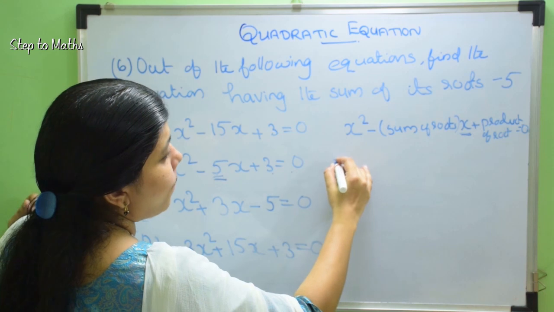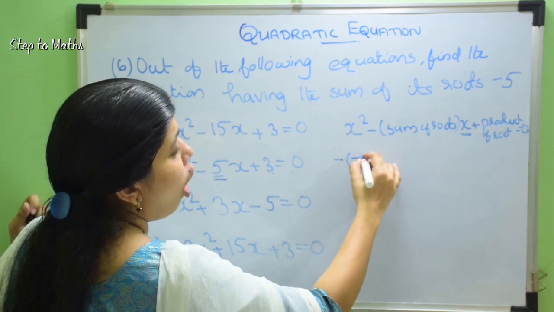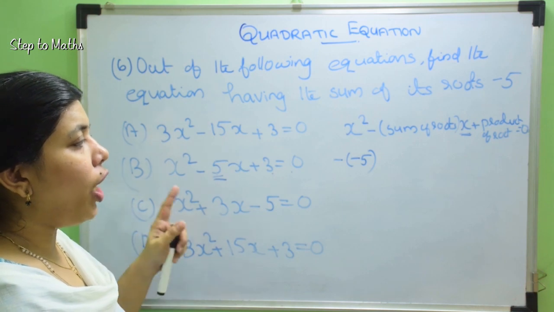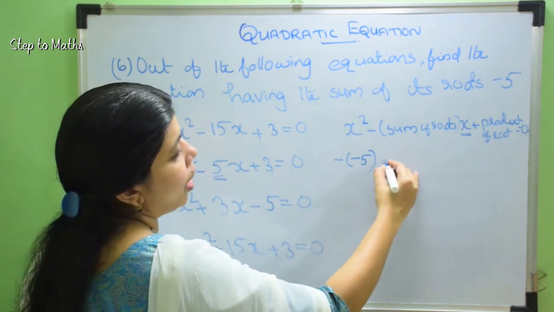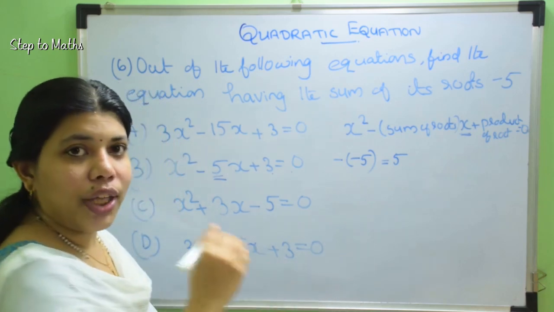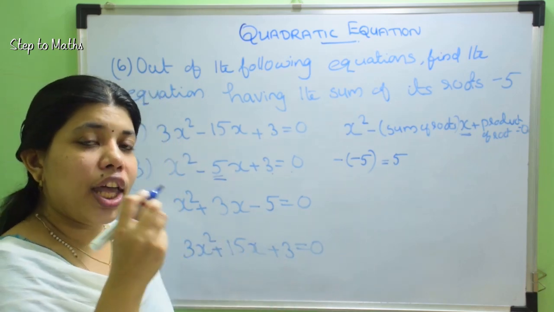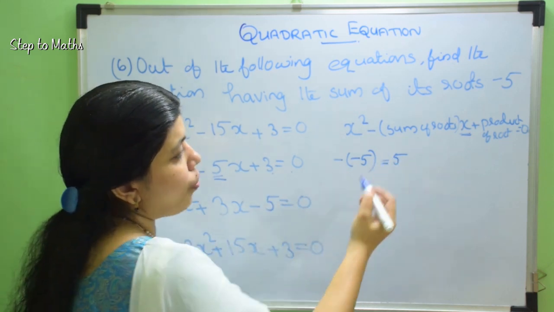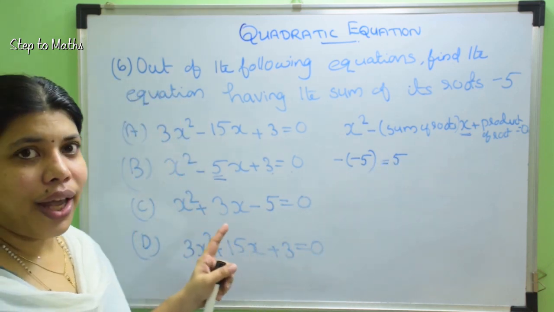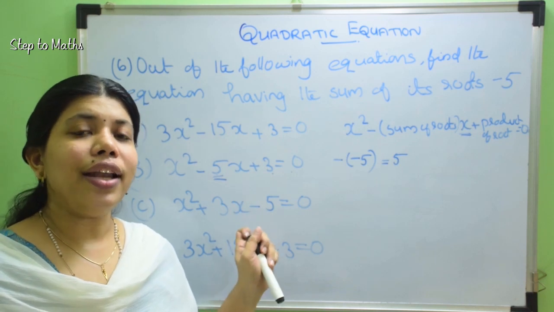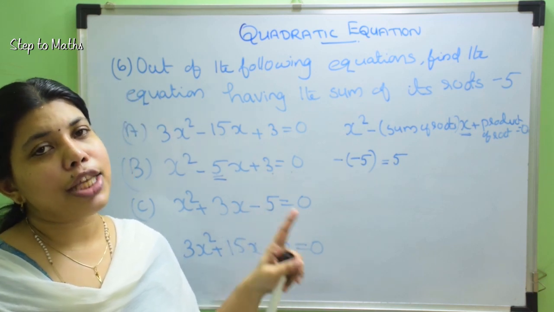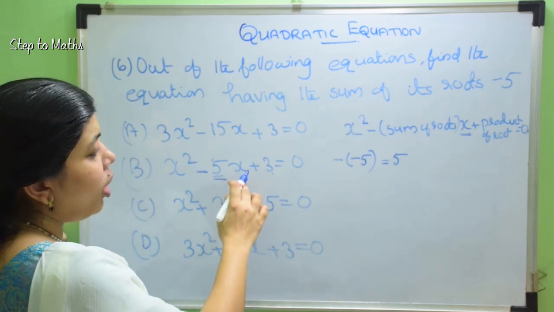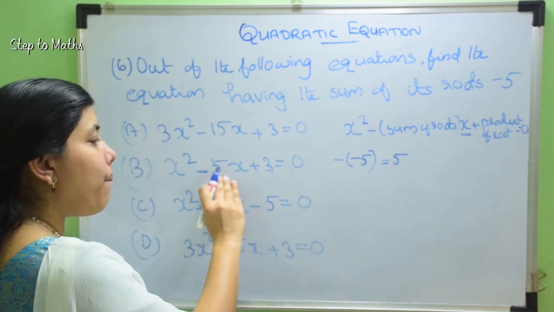That means minus of minus 5, our required coefficient is plus 5. If the coefficient of x is plus 5, then we can conclude that for that quadratic equation, its sum of roots is minus 5. But here the coefficient of x is minus 5.